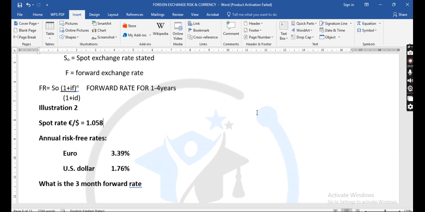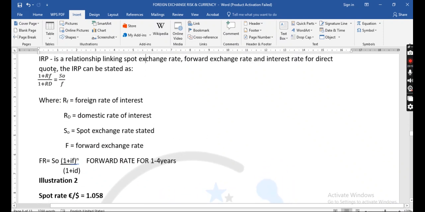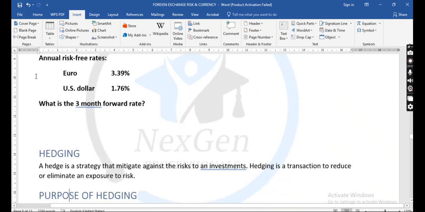Because we are in interest rate parity, the annual risk-free rate is the interest rate. So in this case, we can bring in the first formula: 1 plus this. So just a solution.